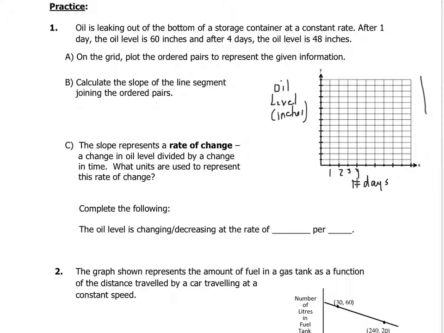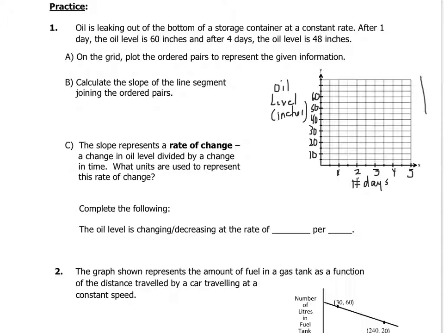Actually, I'm going to go back and do that every 2, because we only need to go up to 4 and don't want it too squished. So 4 and 5, and then the oil level has to go up at least as high as 60. So I would probably label every second 10, 20, 30, 40, 50, 60.